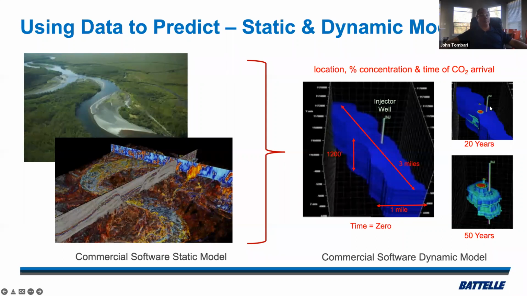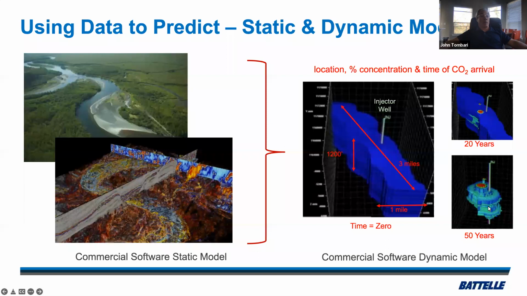On the right, I'm showing, for example, after 20 years, we see in red the concentration. Red is a high concentration of CO2 coming up to the top of that sand body where the cap rock would be. So we're looking at location: in which of these cells is the CO2, in what concentration is it, and at what time does it arrive?